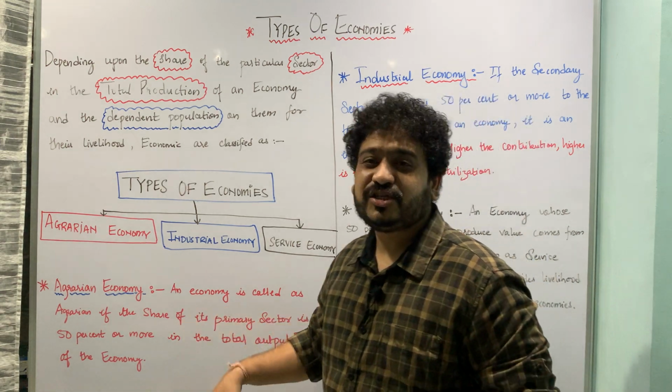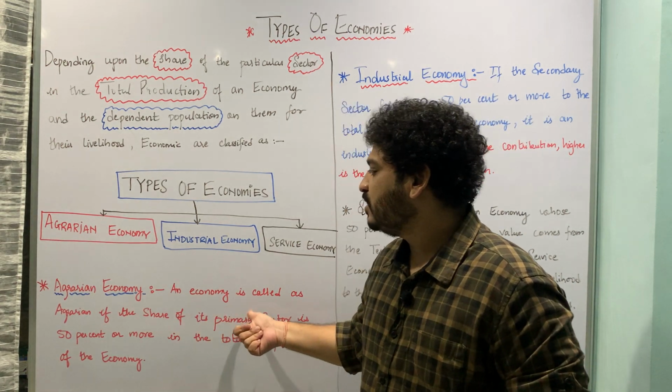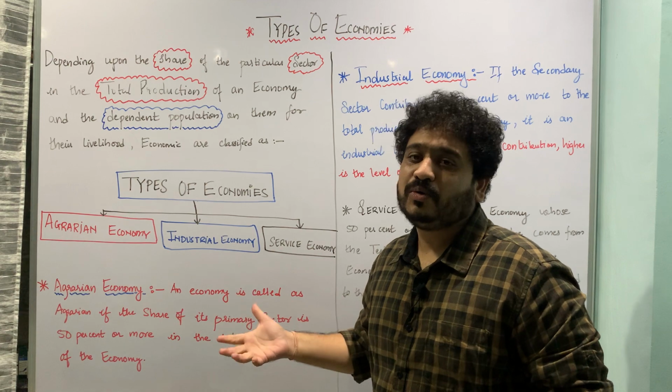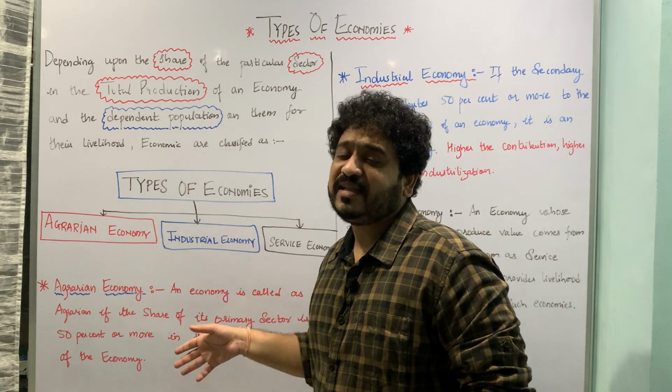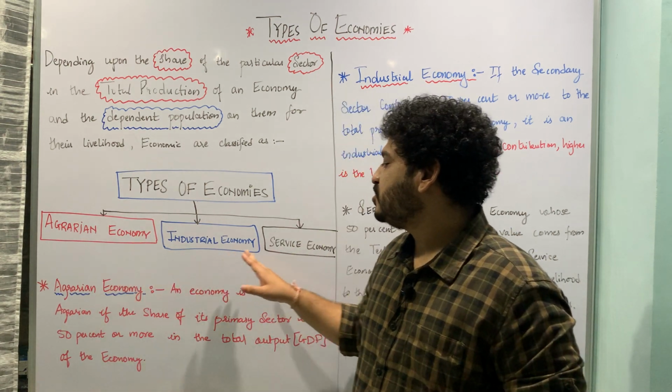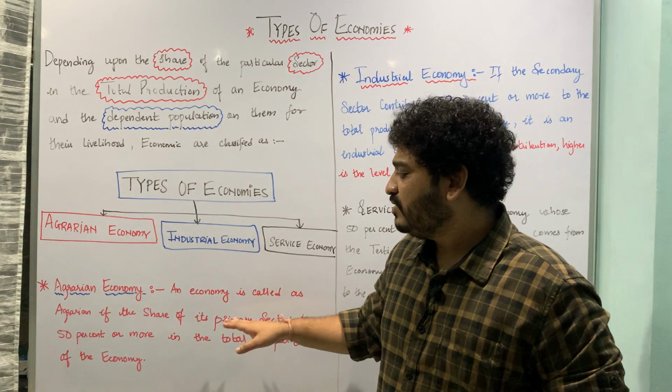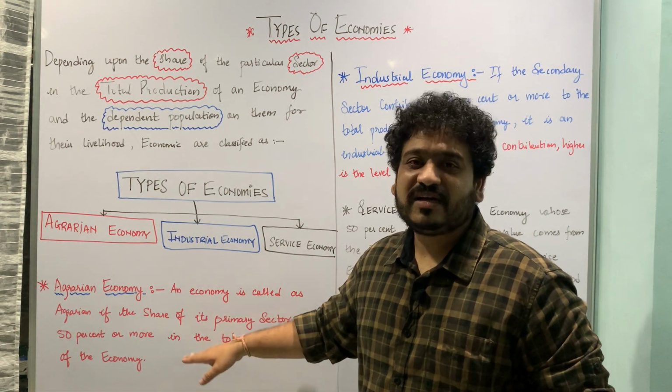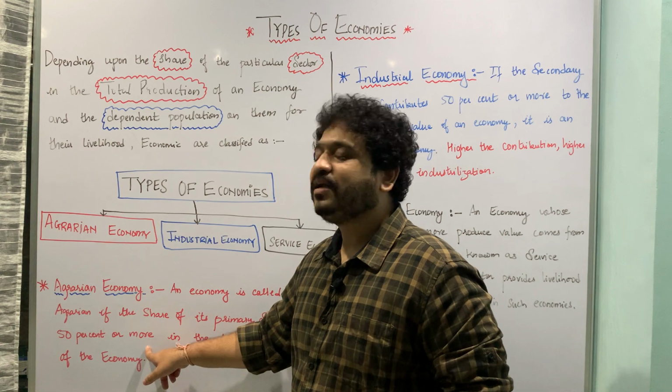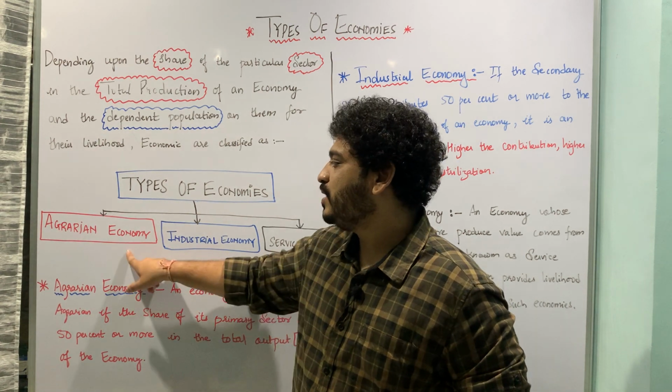Whenever we look at the share of agriculture or primary sector in an economy, we are able to classify that economy as agrarian, industrial or service sector economy. Whenever the share of agriculture is 50% or beyond, you call that economy an agrarian economy.